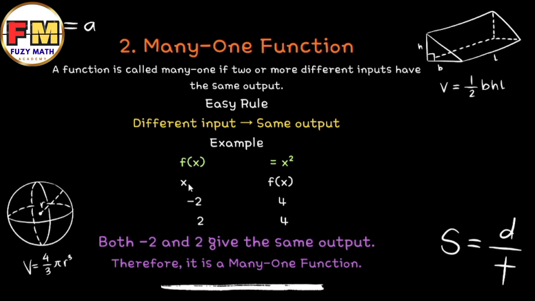Take the value of x as minus 2. The value of f(x) equal to x square will be 4. Take the value of x as 2. The value of f(x) will be 4. Both minus 2 and 2 give the same output. Therefore, it is a many-one function.